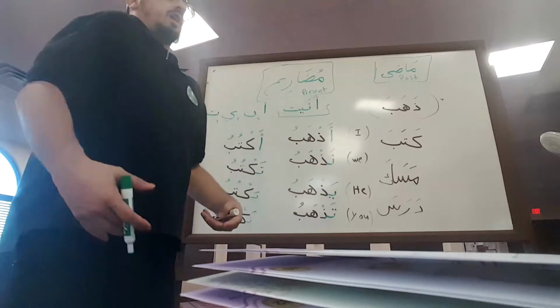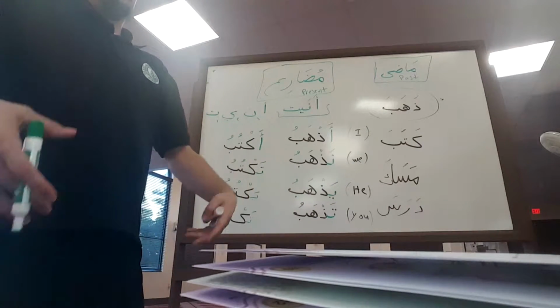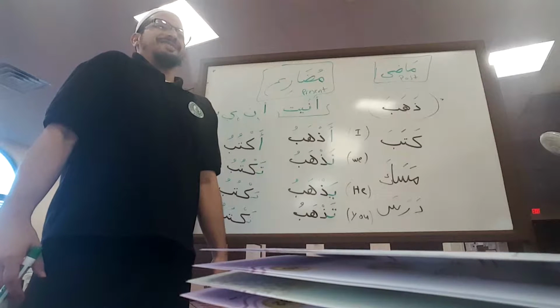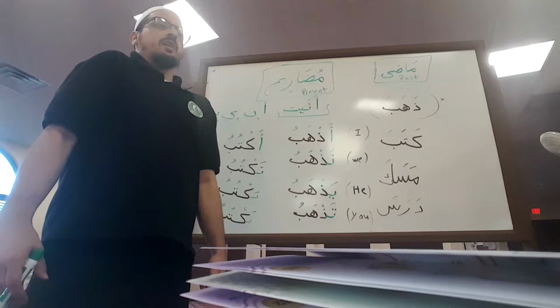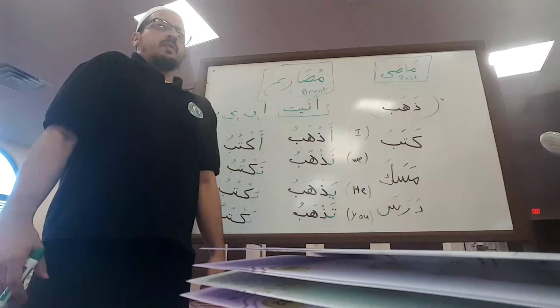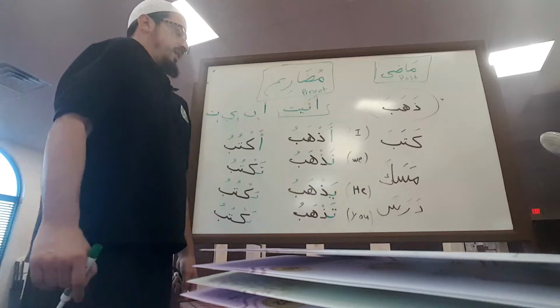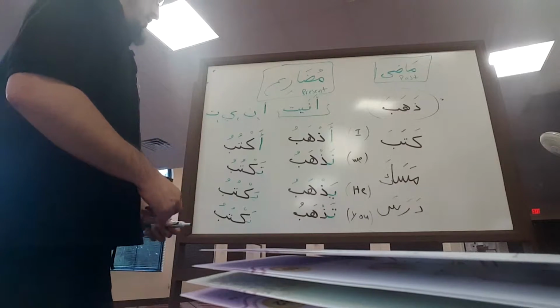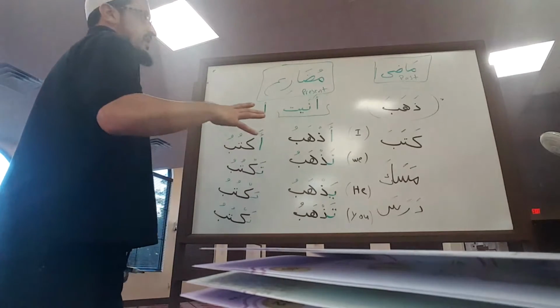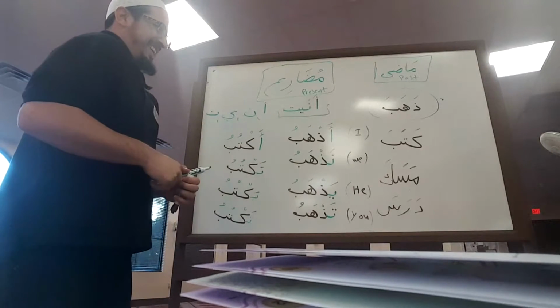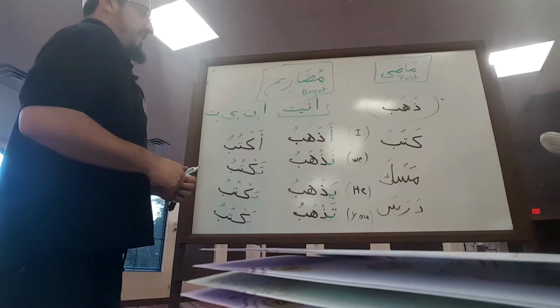Yeah, we, نحن. Allah says, نحن خلقناكم, we created you. If a word ends with هم, then it's them. We didn't do that one. So take a picture of this so that you can get an idea.